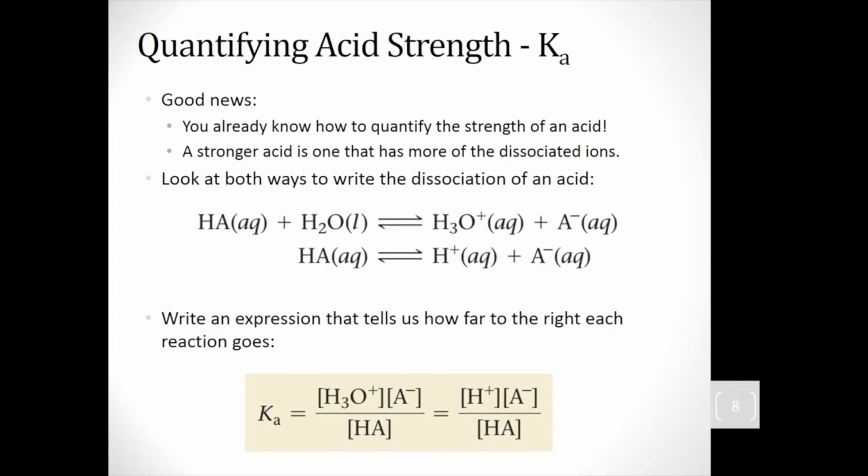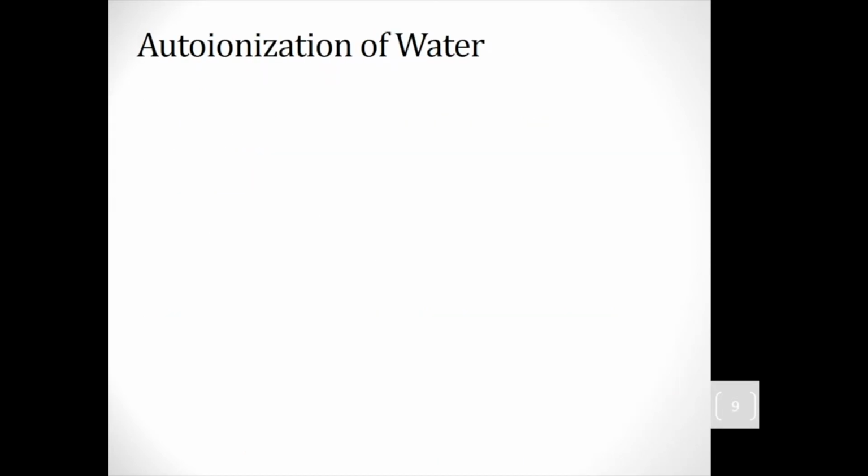So you start with water, but the product that you get is H3O plus and OH minus, or if you're writing it without the extra water, you get H plus and OH minus. You can do an equilibrium constant for this reaction. Water is a liquid and doesn't show up in this expression.